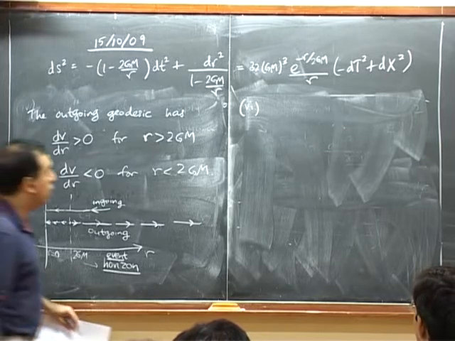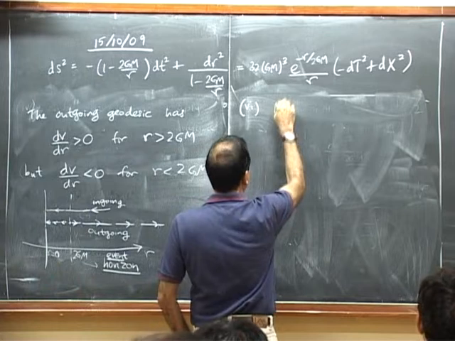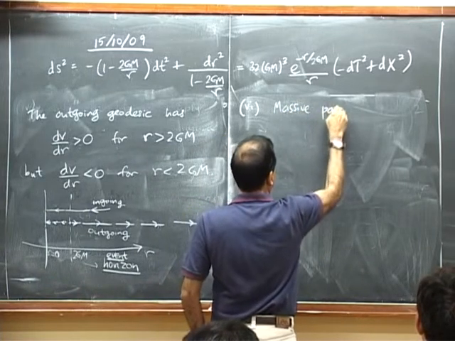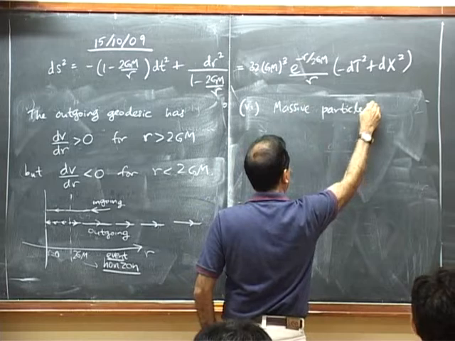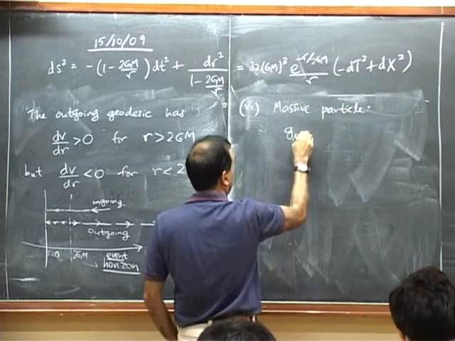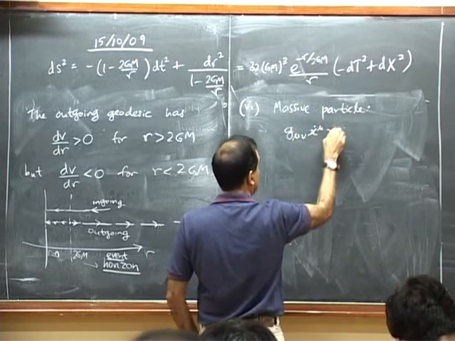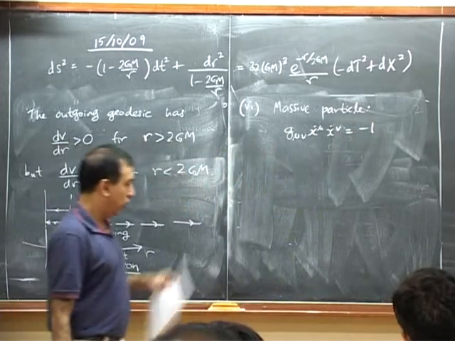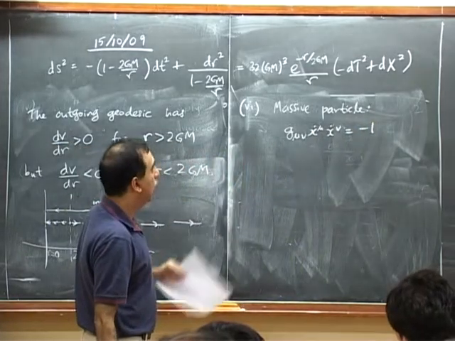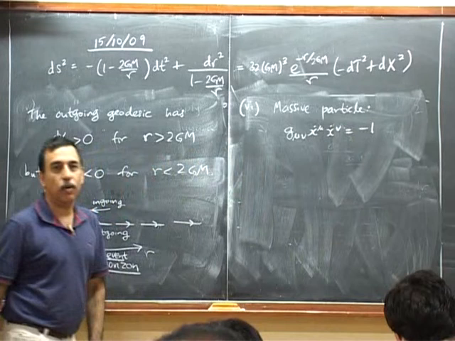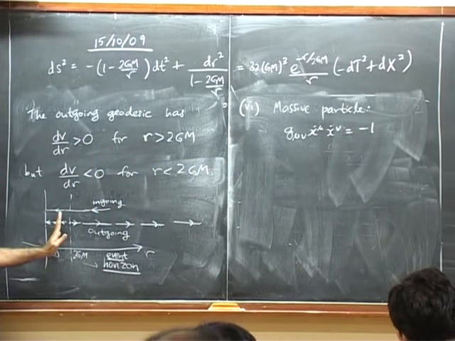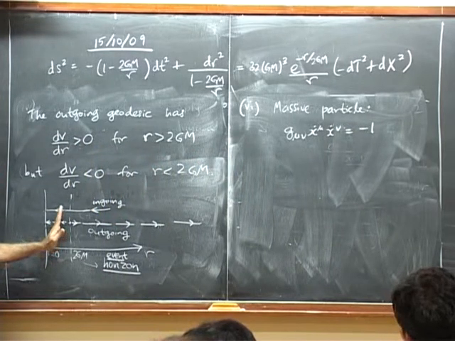Imagine I'm a massive particle now inside the horizon, and so my x mu obeys the condition, so this is -1. Now I'll actually go back to Schwarzschild coordinates because I want to answer a question which is defined after I'm well inside.